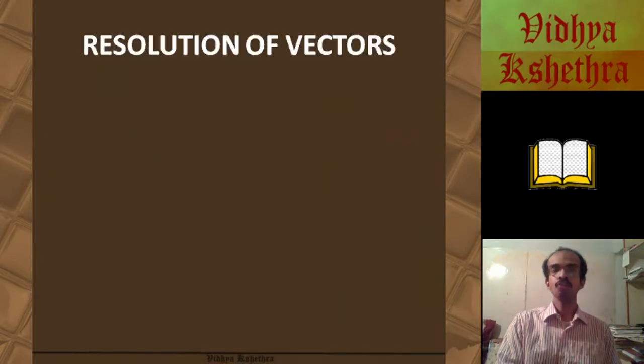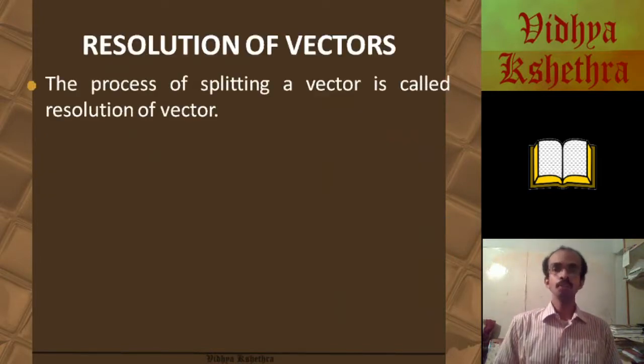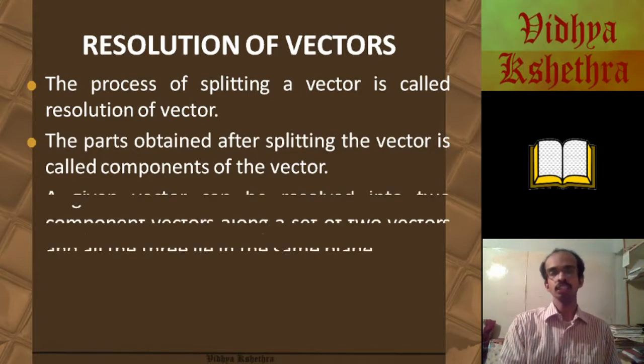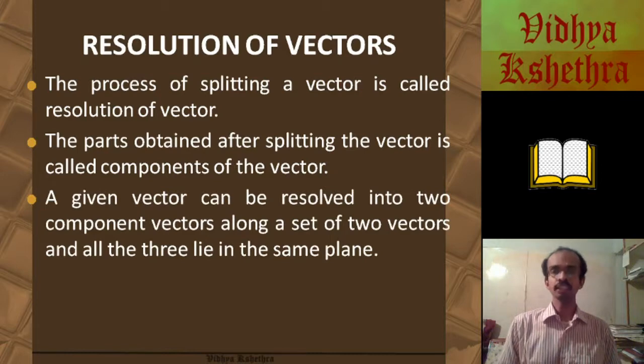Now, resolution of vectors. The process of splitting a vector is called resolution of a vector. The parts obtained after splitting the vector are called components of the vector. A given vector can be resolved into two component vectors along a set of two vectors and all the three lie in the same plane.